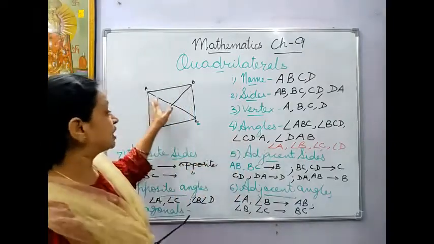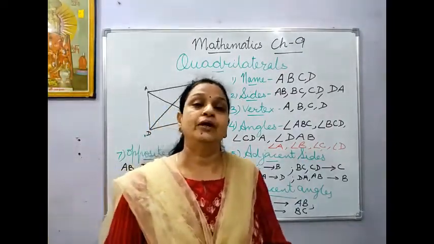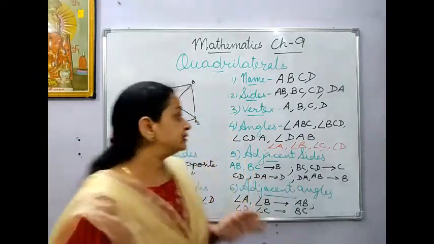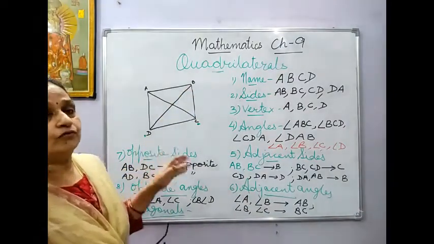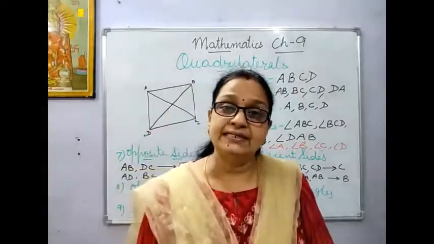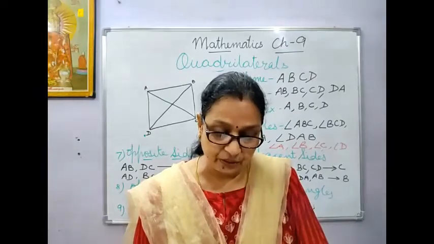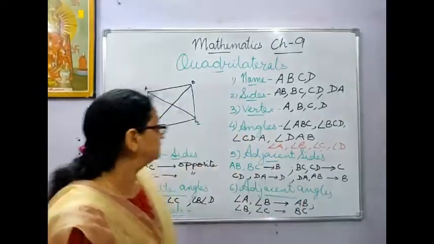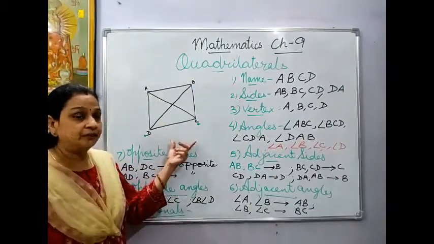The lines which join these opposite angles are called diagonals. Diagonals are the lines which join the opposite angles of a quadrilateral. I'll read it. The two line segments joining the opposite vertices of the quadrilateral are called the diagonals. Now see here, you know these A, B, C, D are vertices of this quadrilateral.